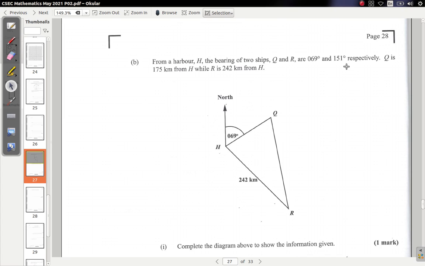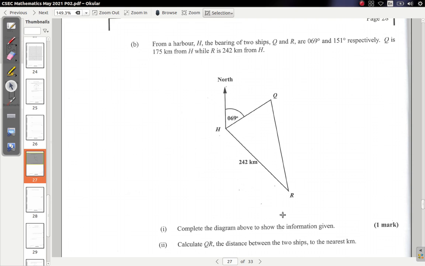Q is 175 kilometers from H, and R is 242 kilometers from H. Complete the diagram and show the information given.